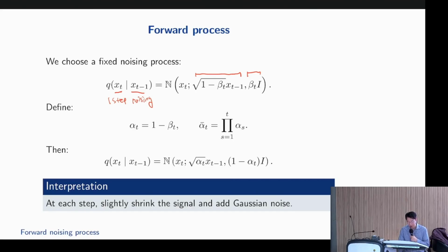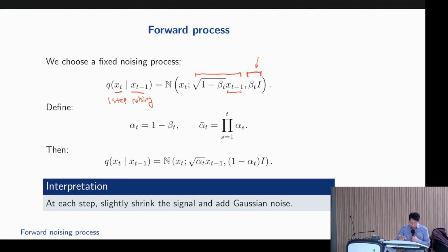Beta t is some small number, and what you're doing is you're shrinking the mean towards 0 by multiplying square root of 1 minus beta t. So this is mean shrinkage, and you're adding some beta t amount of standard deviation noise. Okay, so you shrink the mean towards 0 and apply some Gaussian noise. That's going to be our noising process.